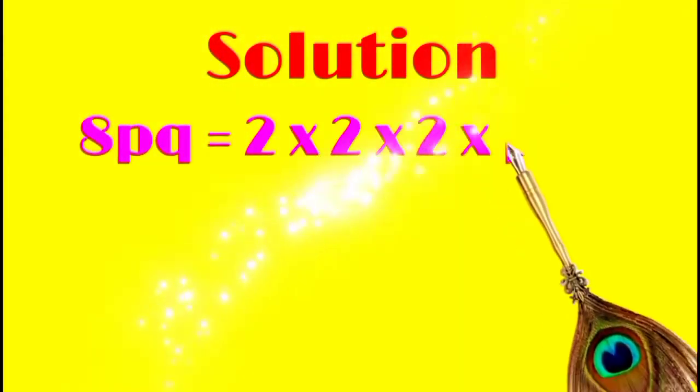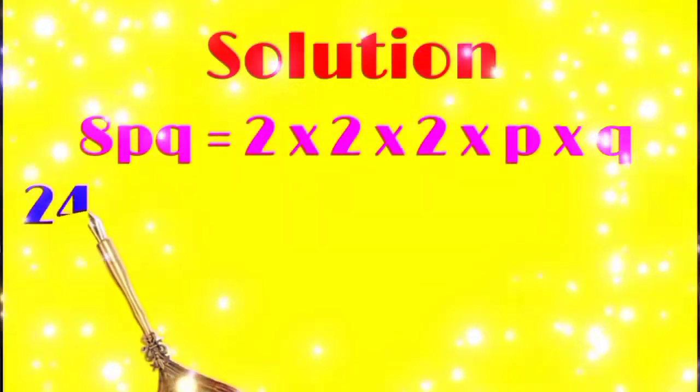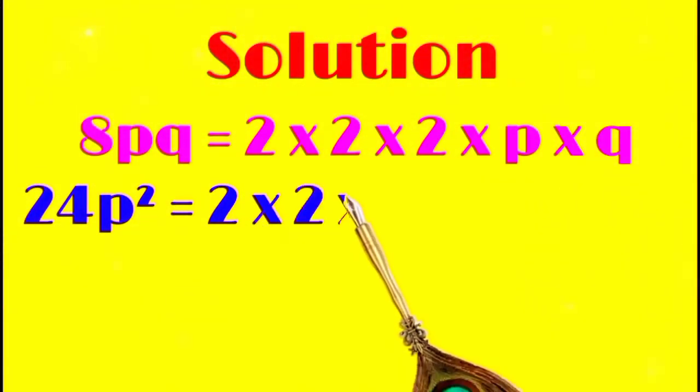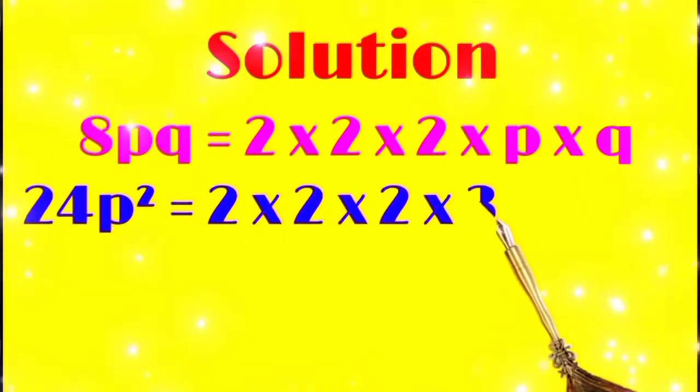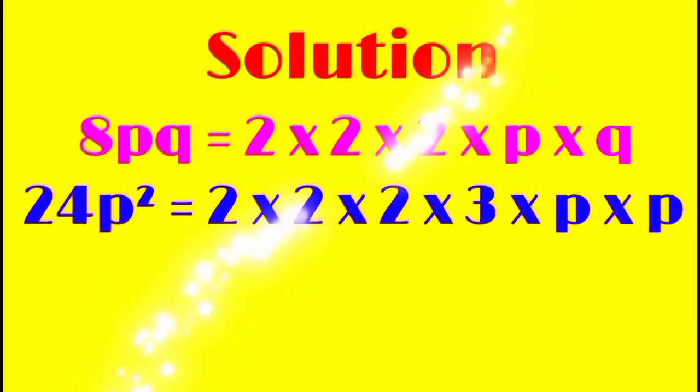For 8pq, you have 2 times 2 times 2 times p times q. Then for 24p squared, you have 2 times 2 times 2 times 3 times p times p.